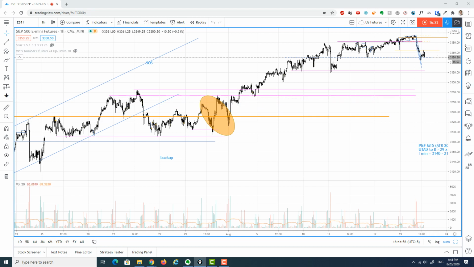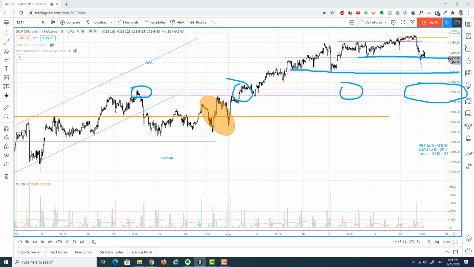And subsequently, the next supporting level will be here, 3270 or 3280, which is based on this prior swing high level. So this is a lot stronger. But definitely, I think 3320 to 3330 will provide some support if 3350 fails to hold.